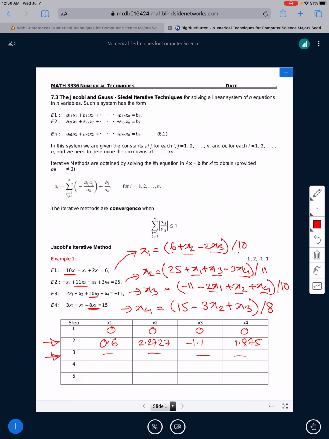When we have calculated this step, we are using these values in the next step, and then we can proceed calculating. Each step is used in the next step, and as we move on, x1 is approaching 1, x2 is approaching 2, x3 is approaching negative 1, and x4 is again approaching 1.